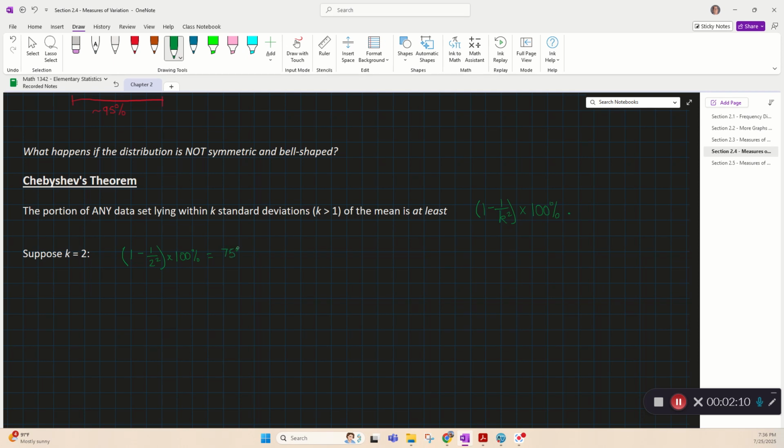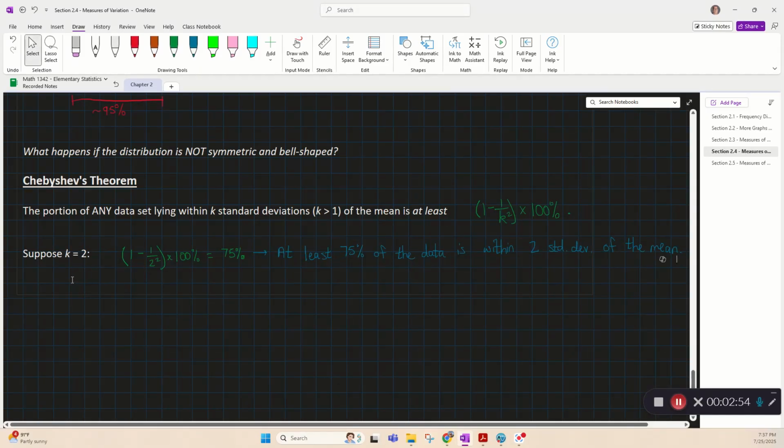That means 75% would be our value. So I can interpret that to say at least 75% of the data is within 2 standard deviations of the mean. That's what that means.